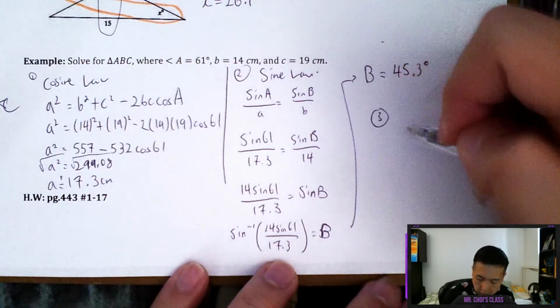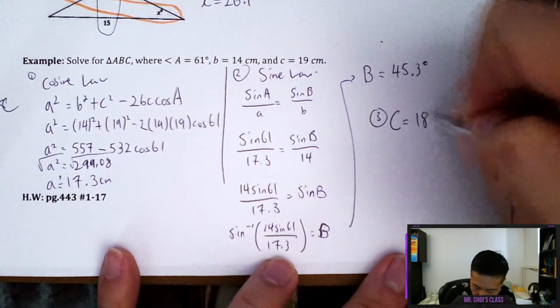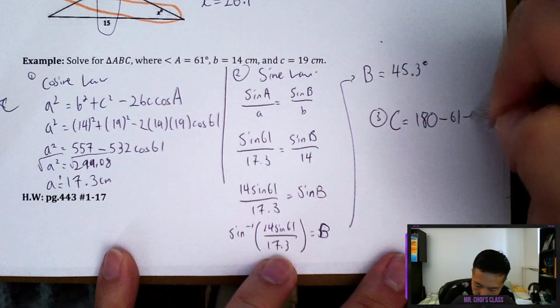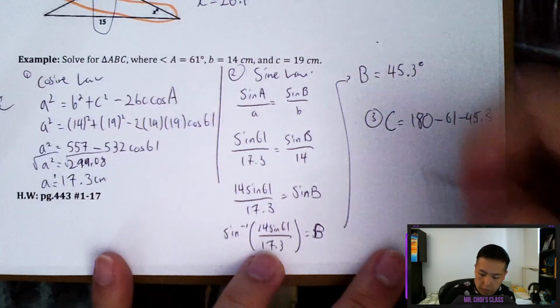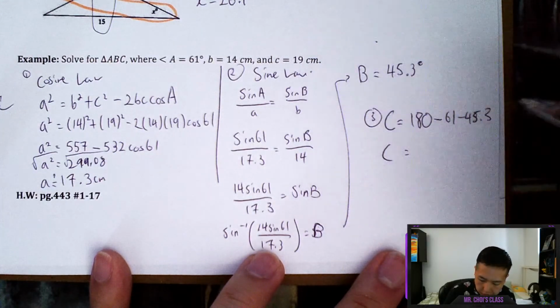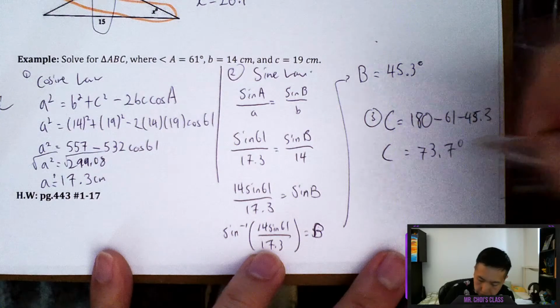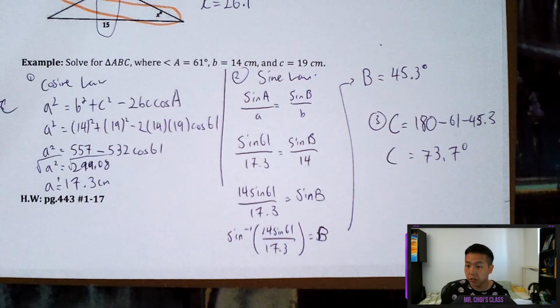Then number 3 is just using our angle formula, which means we're solving for C, which will be subtracting our two angles from 180, and that will give us our final angle of 73.7 degrees. So there's your full step solution towards solving this triangle.